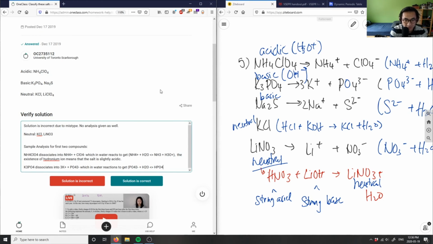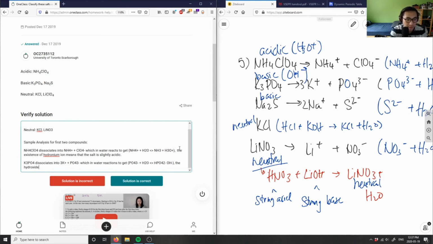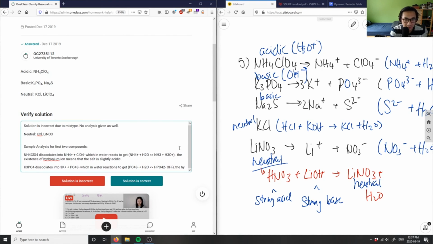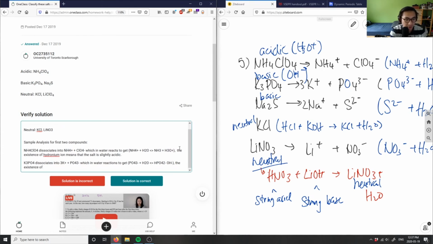Or I guess I could get H3PO4, I guess no, because this here, yeah, it's just simply HPO4 2 minus here and OH minus. The existence here of hydroxide ion means that the salt is slightly basic.